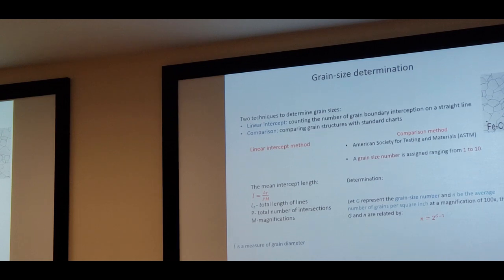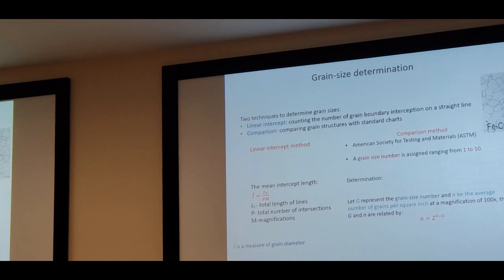You need to determine its grain size under a certain magnification. You take the micrograph of that sample, compare it with the samples given in the ASTM standard, and see which sample yours matches.